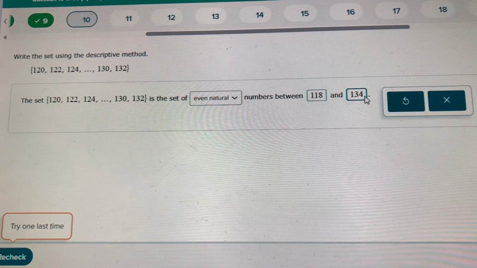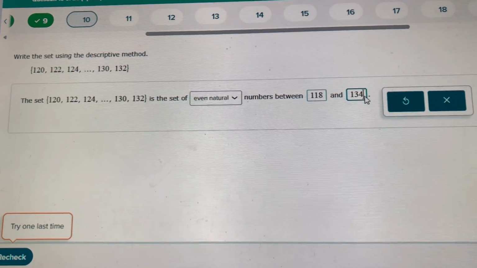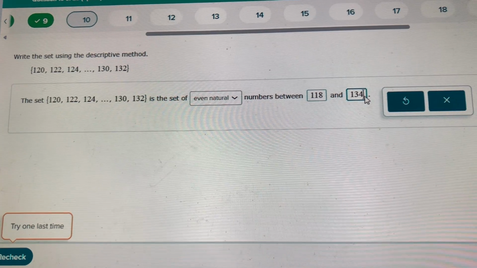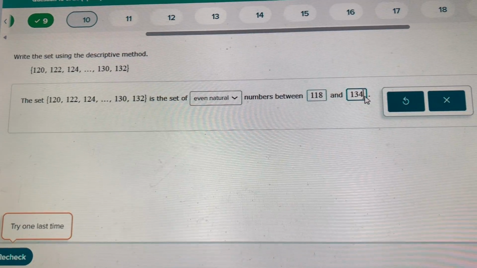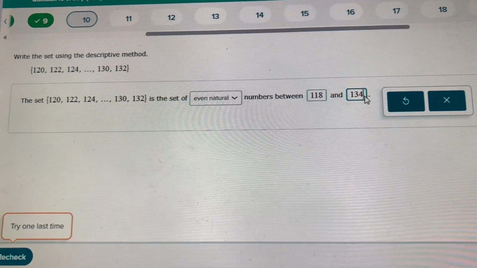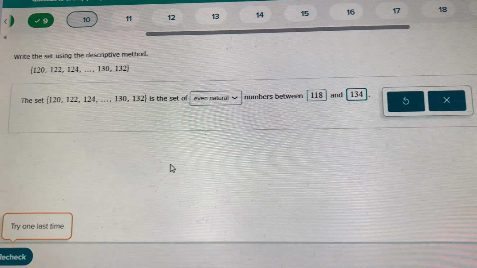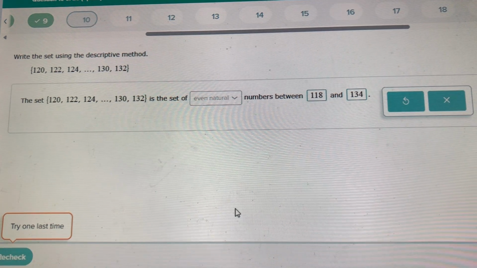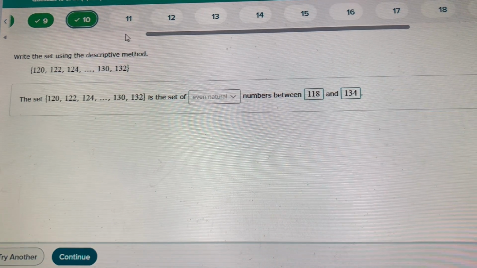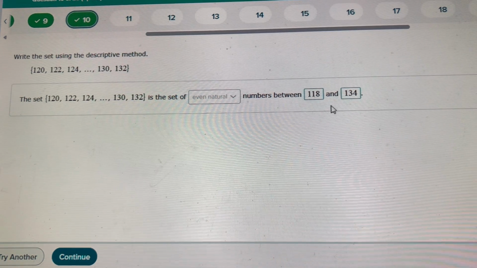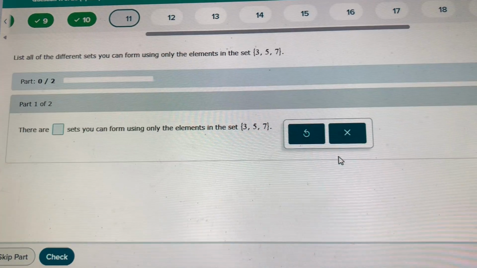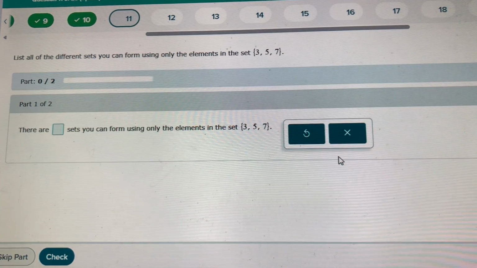So when they say between 118 and 134, they're not including those 2. So the next number after 118 is 120, and that's where their list would actually start. And then the first even number before 134 is 132. So don't go inward 2, go outward 2. That's what I was doing wrong here. This I find kind of silly. Why can't we have the ones at the beginning and the end?